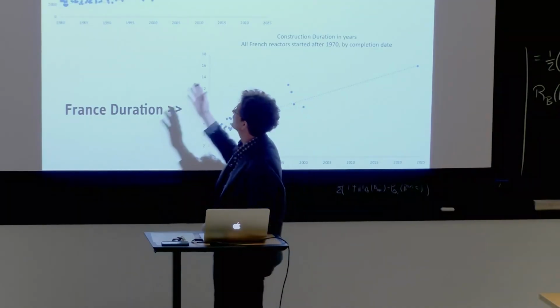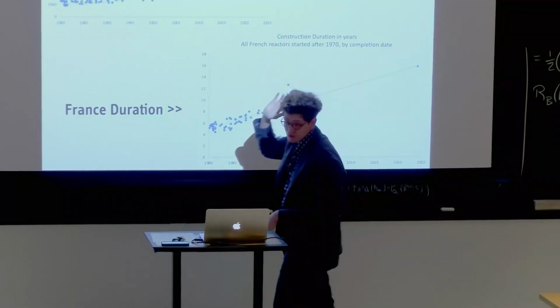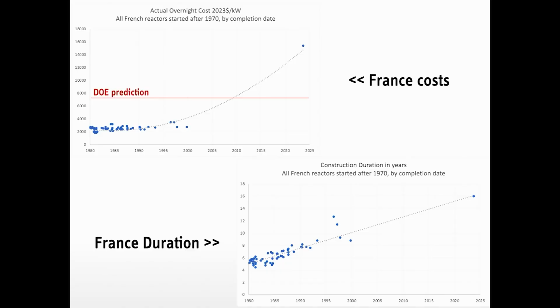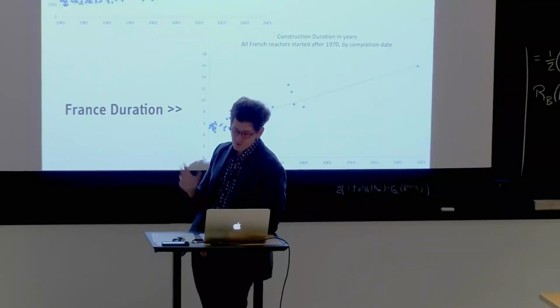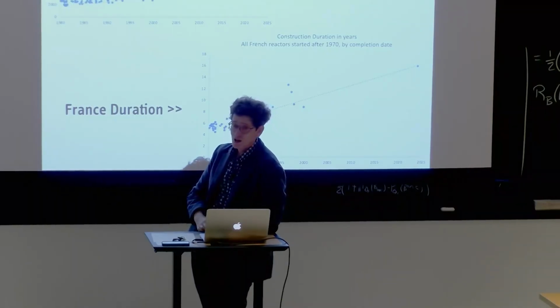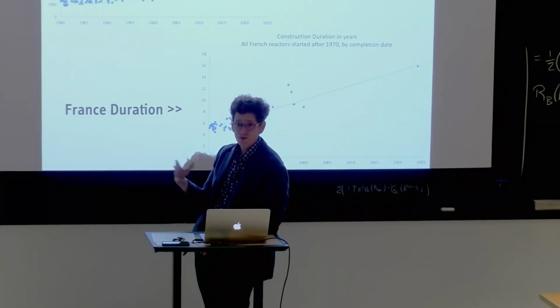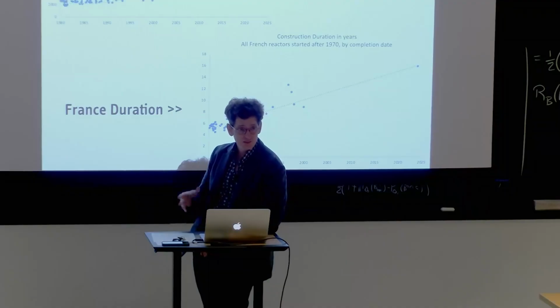And the most recent plant, Flamanville, is just outrageously expensive, 5 times more expensive than anything the French had built previously, and twice as expensive as the DOE estimate. Part of this is that Flamanville is a first of a kind reactor that was never built. It's a Gen 3 reactor, the EPR 1600 Gen 3B reactor, with a lot of extra safety features.